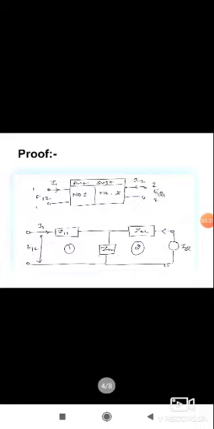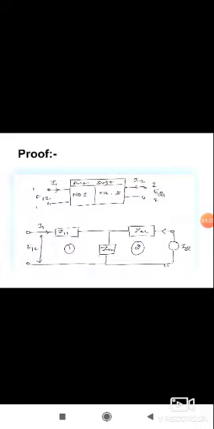Okay friends, now let's discuss the proof. You can see the block diagram above. Here there are two antenna systems, and it's a two-port network. E12 is the EMF applied at port 1 and I1 is the current due to this, and E21 is the EMF at terminal 2.